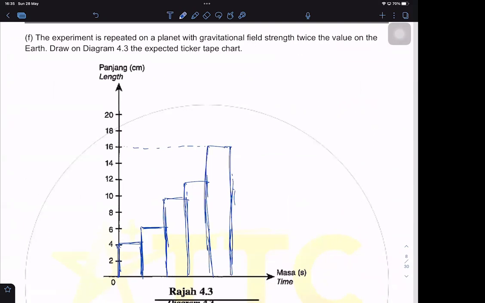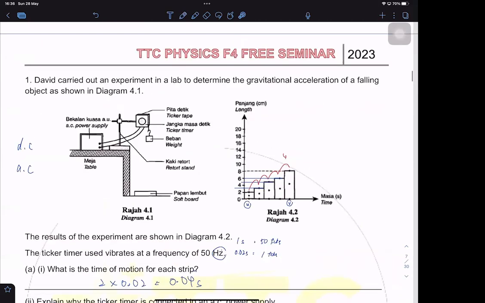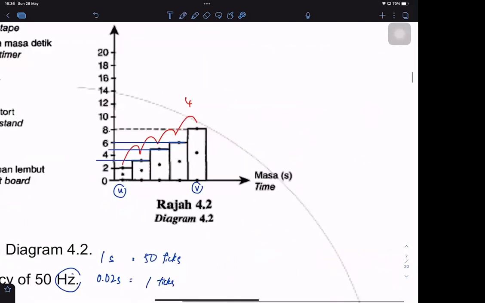So the middle one doesn't really matter. The main point is the U and the V, the difference between U and V. The difference here is 2 and 8, so the difference is 6.